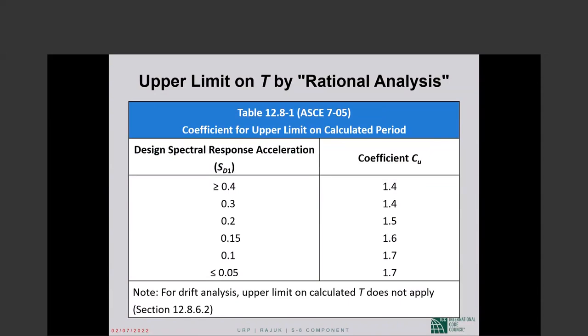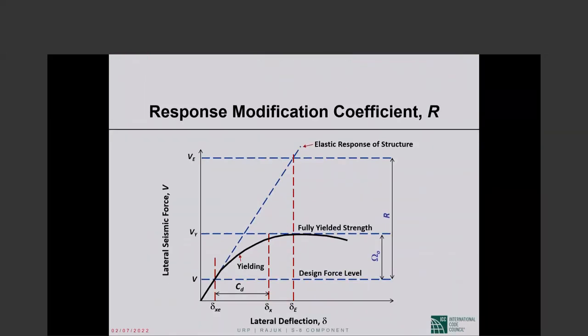So we have to discuss the period itself. And then in the equation for S sub A, we had R and I. So we need to discuss the R and the I coefficient. The seismic weight we have discussed already. So let us start with R.